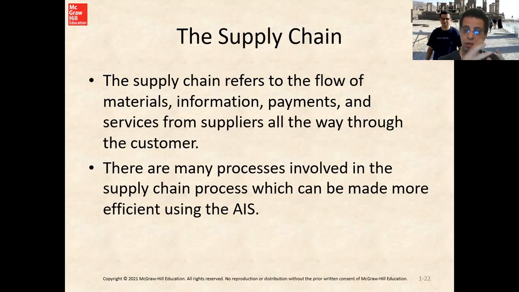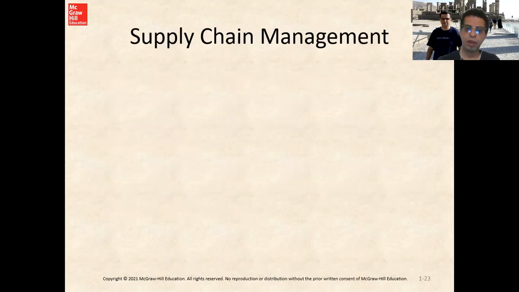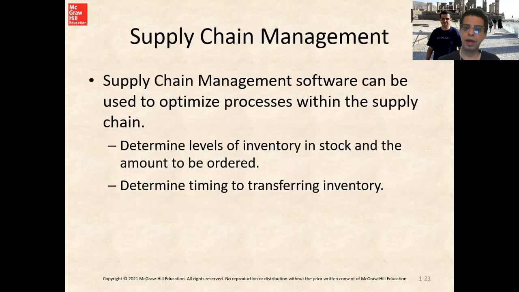I do teach supply chain management, and there is a lot of connection between AIS and supply chain management. Now, in supply chain management, software can be used to optimize the processes within the supply chain, determine the level of inventories in stock and the amount to order, and determine the timing of transferring the inventories. We'll bring you some examples.